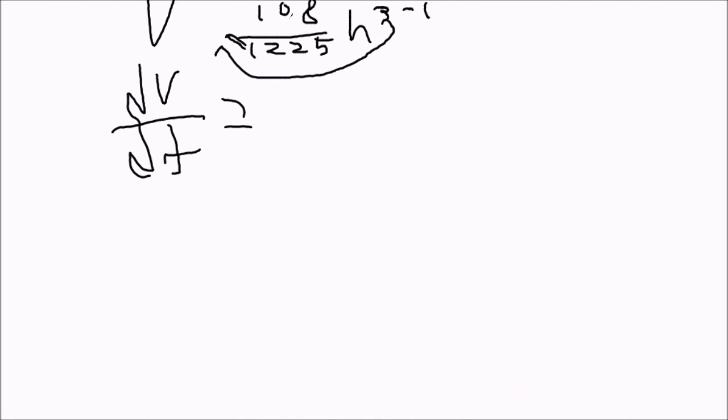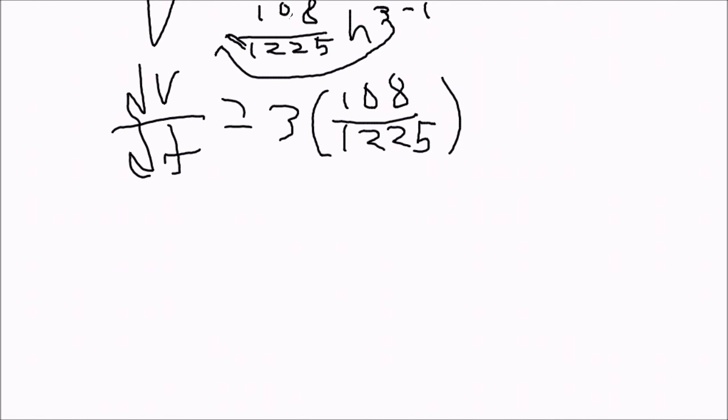So the derivative is 3 times 108 over 1,225 h squared.